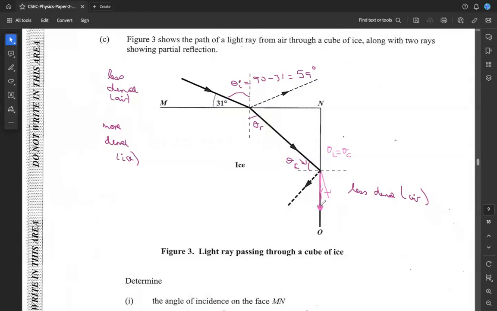The angle of incidence that causes this kind of grazing is what we call our critical angle, so that's just this one right here. The angle between that incident ray and that normal is our critical angle. That's what they want us to identify for that 1 mark.